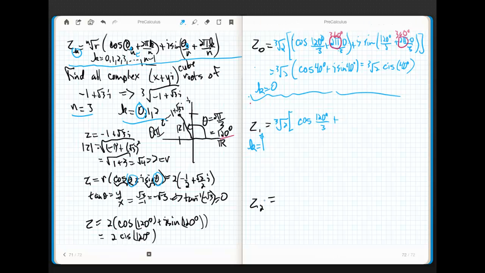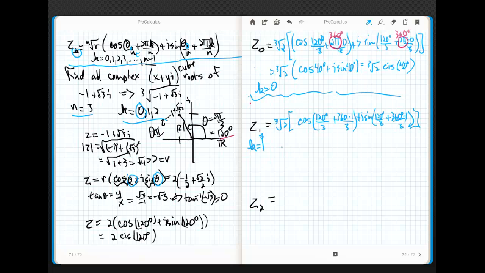This is z sub k. So plus 2 pi, whoops, I almost did it again, sorry, 360. It's going to be 360 times 1 divided by 3. And then plus i sine, and the nice thing is they're always the same angle measure. So 120 degrees divided by 3 plus 360 degrees times 1 divided by 3.